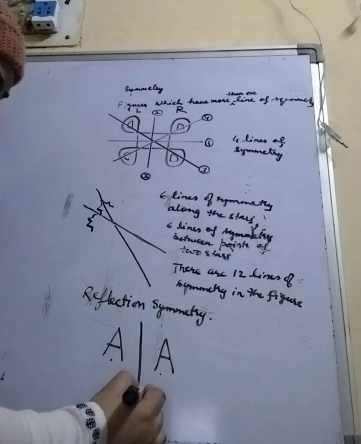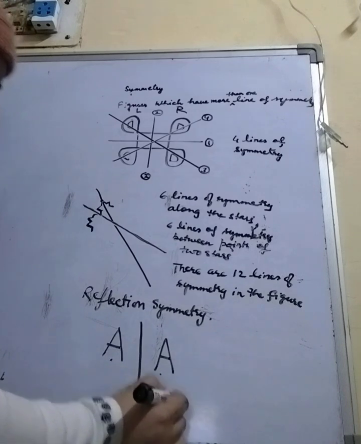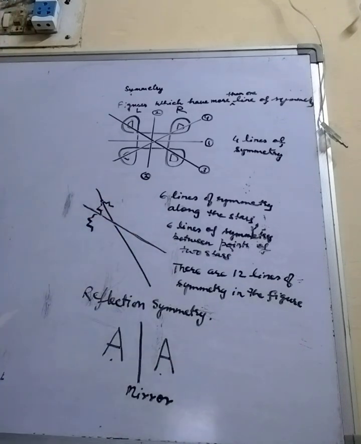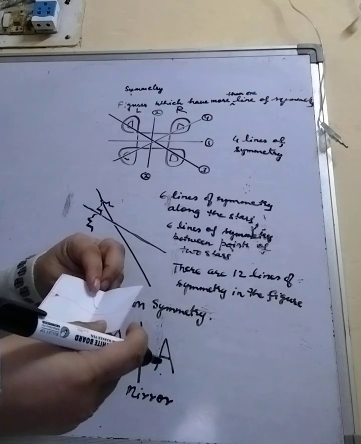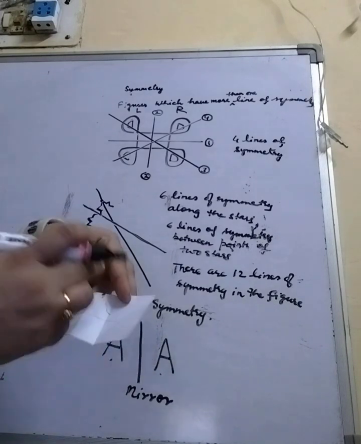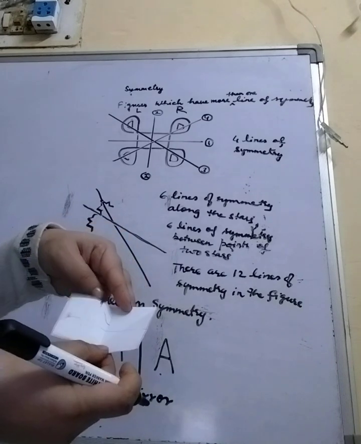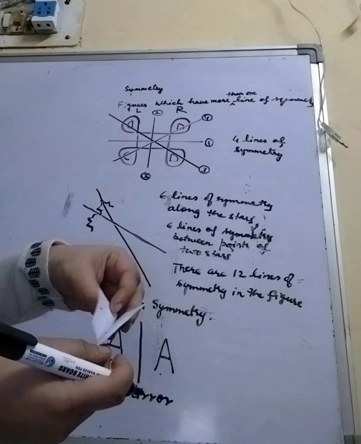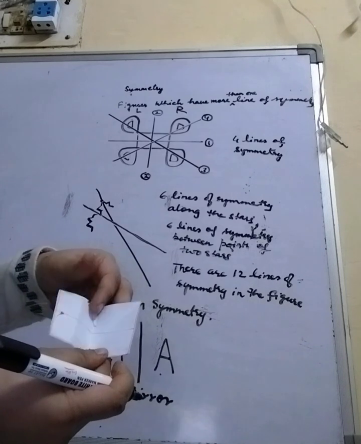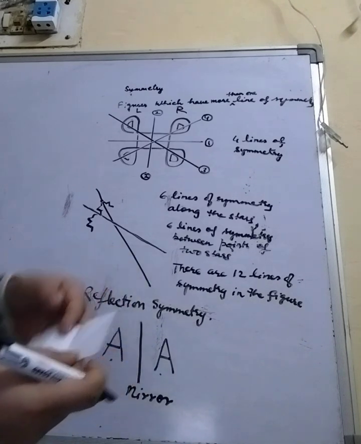Okay, this is reflection symmetry. So in a mirror you get reflection. So here, half of the portion is a reflection of the second portion. So you can also call it reflection symmetry.